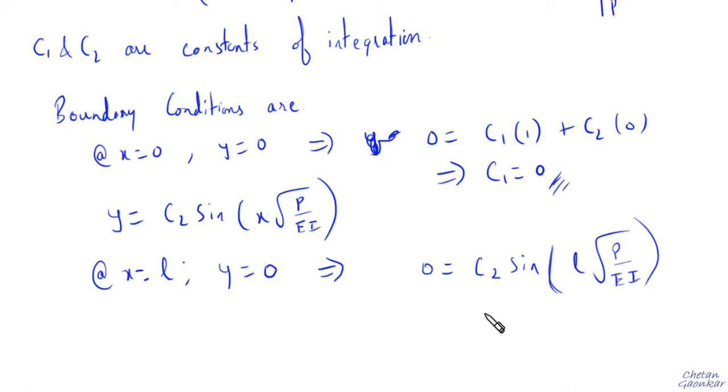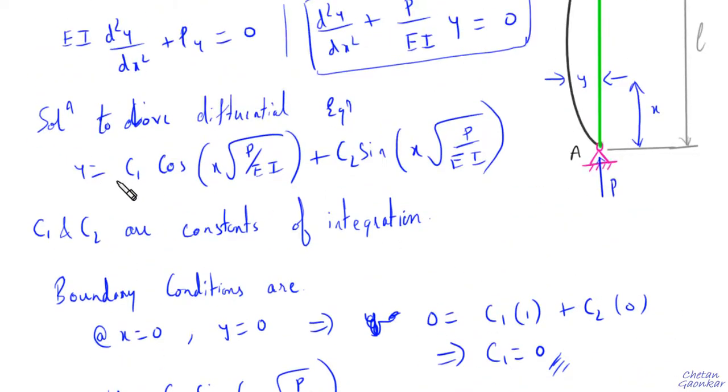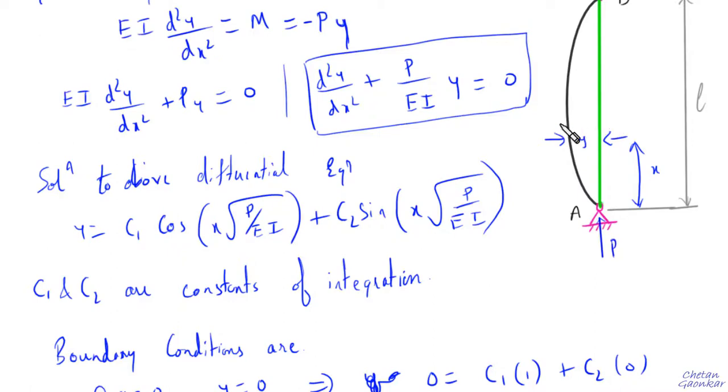But from this equation, can C2 be 0? It cannot be 0, because if both C1 and C2 are 0, that means there is no deflection at all, y would be equal to 0, which is not true. There is some deflection, right?